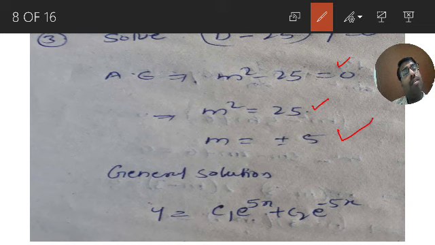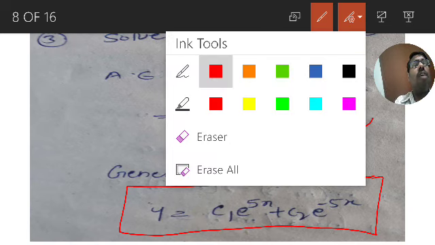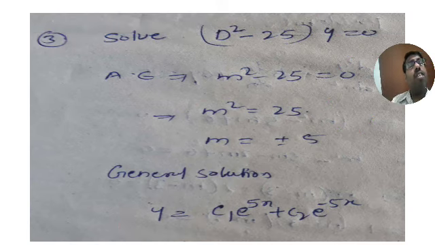Are you getting? So this is my general solution. Once you get the roots, depending on the roots, you can write the general solution. So don't forget the steps. What are the steps, guys? Given a differential equation, if it is in general form, try to write the operator form. The third problem was directly in operator form; the problem may be given in operator form directly.